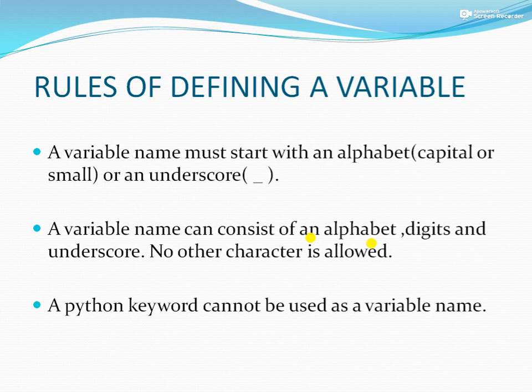The first character in the variable name must be an alphabet or underscore. No commas, no blanks are allowed within a variable name. No special symbols other than underscore can be used in a variable name. Last, a Python keyword cannot be used as a variable name.